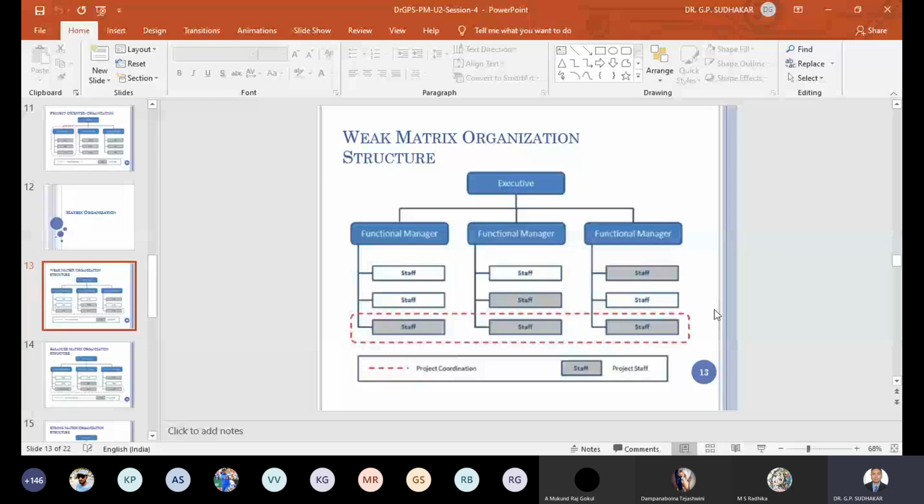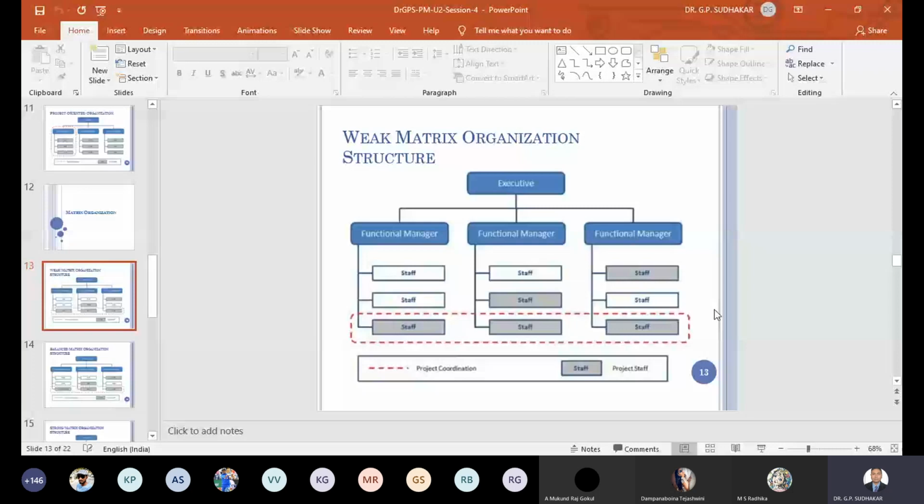There won't be somebody designated as project manager. But the team member has to report both to this coordinator and also the functional manager. Both people will be involved in the performance appraisal of the team member. That is about weak matrix organization structure.